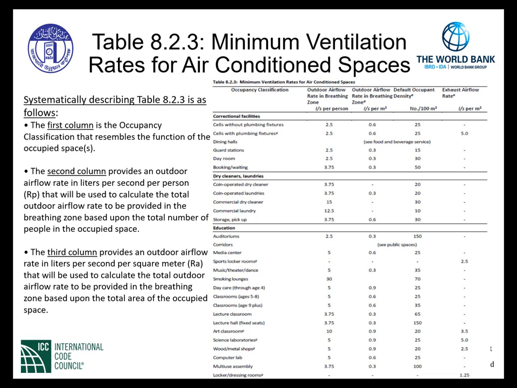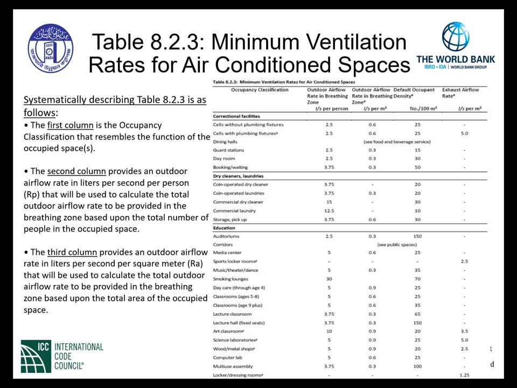The third column provides an outdoor airflow rate in liters per second per square meter. We can say that it is the variable R sub A that will be used to calculate the total outdoor airflow rate to be provided in the breathing zone based upon the total area of the occupied space. Looking into the third column in the table, as seen here, outdoor airflow rate in the breathing zone.